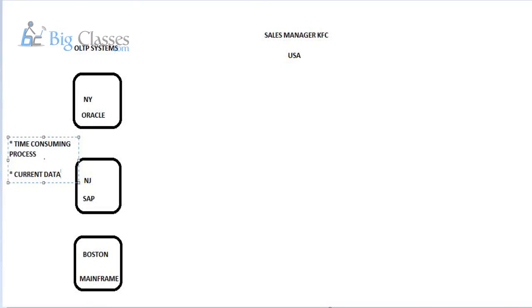If my business is running well, it means I'm getting profits, so I can go for a better expansion of my business. If my business is not running well, I should look into what steps I have to take to improve it. This kind of analysis I can do only when I have the historical data, not the current data.